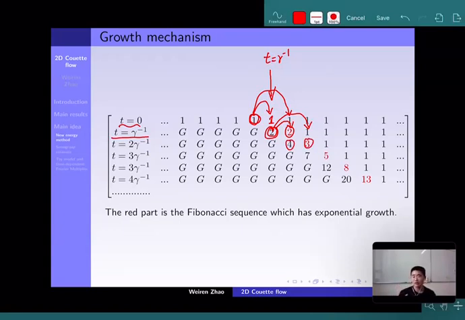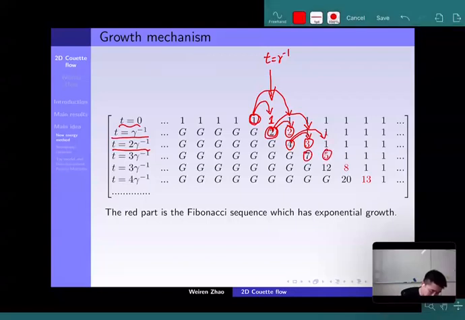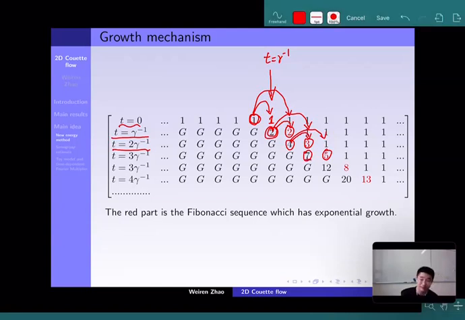The rest in the waiting regime still stays 1. Although it's 1 minus something, we do not care. Next, the time becomes 2 gamma minus 1, and this 4 becomes an excitation regime and talks to 3 and to 1, so 3 becomes 7 and 1 becomes 5. And so on. This 7 becomes an excitation regime, talks to 5 and to 1, and this 5 becomes 12, this 1 becomes 8.